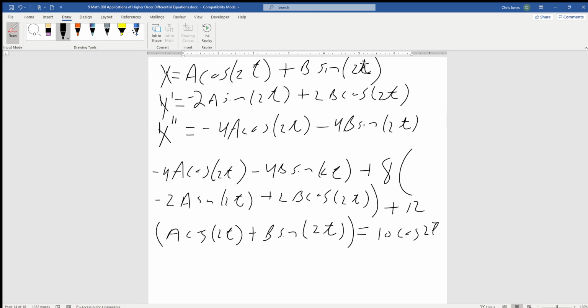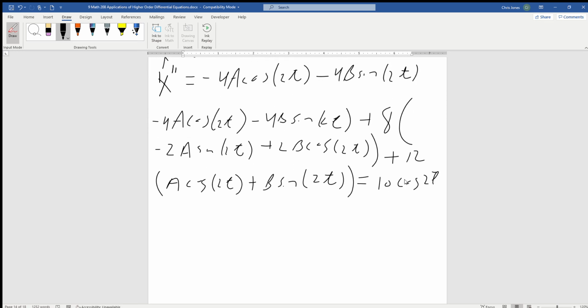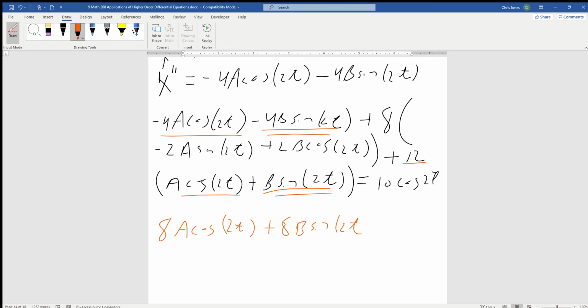Now we can start to combine some like terms. Notice that we have a -4a cos, and down here we have 12a cos. So that's going to turn into 8a cos 2t. We have -4b sine 2t, and then we have 12b sine 2t, so that's going to be a positive 8b sine 2t.